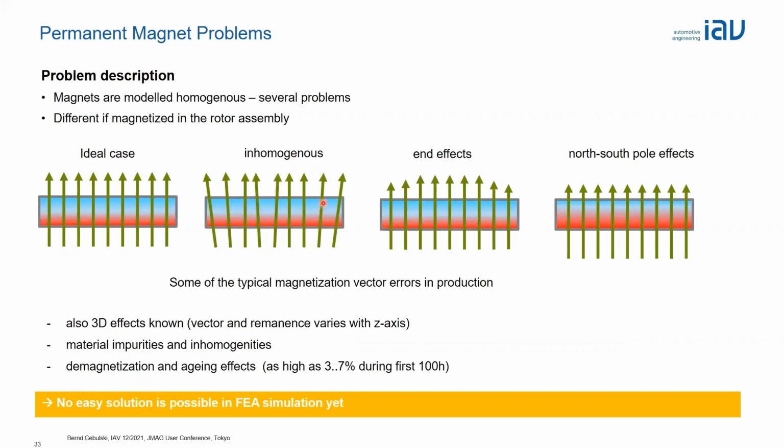It can be caused by wrong magnetization. There's something which is called end effect, means that the sides of the magnets are not the same as the middle, and you can have something like the north-south pole effect, where the north pole is stronger than the south pole. It means that the area in the middle is shifted somehow.